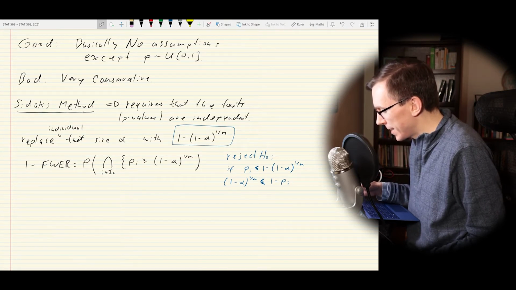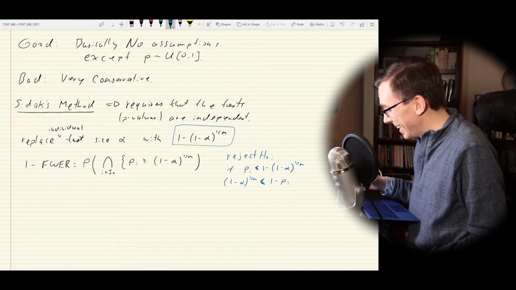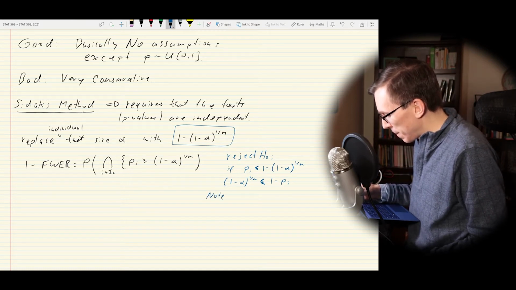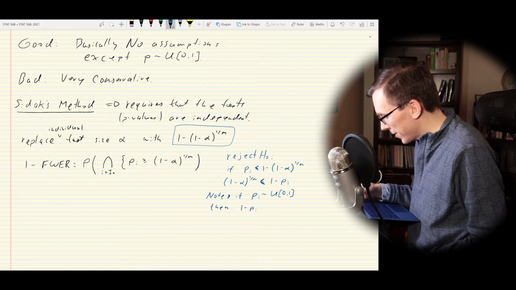We should note that if pi is uniform 0, 1, then 1 minus pi is also uniform 0, 1.